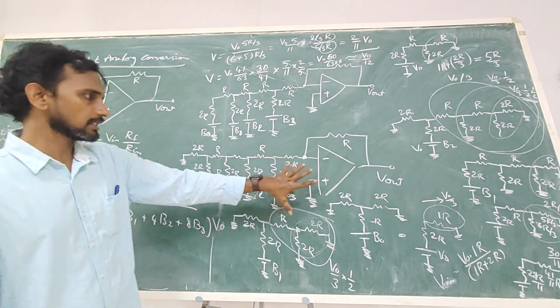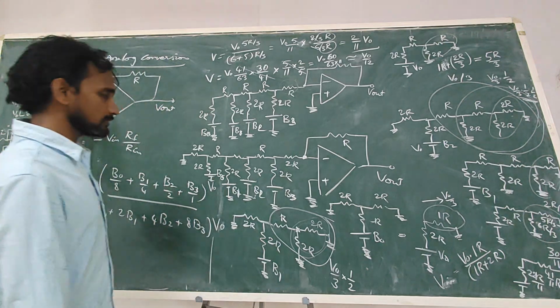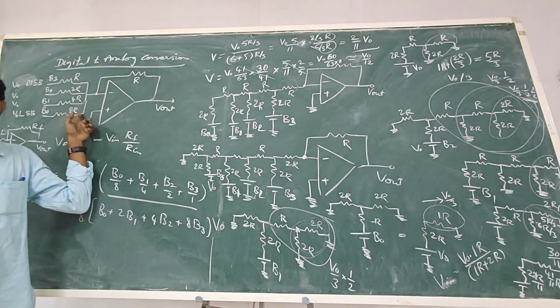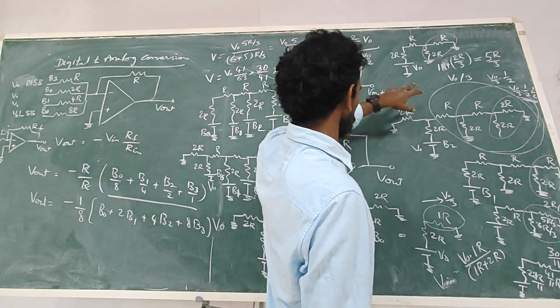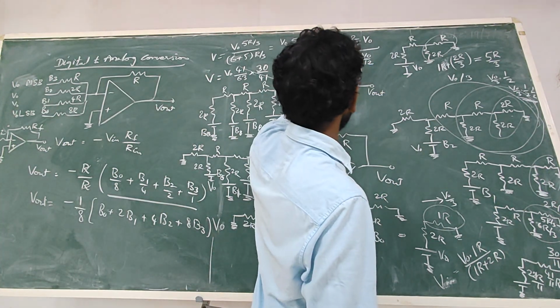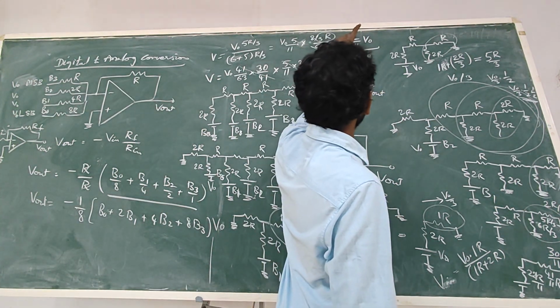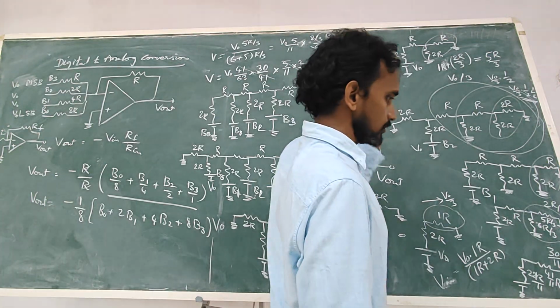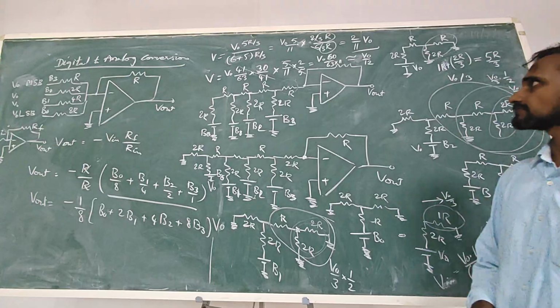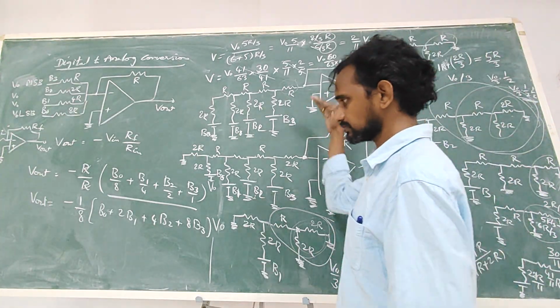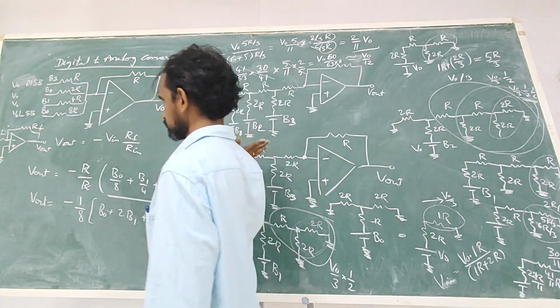So this gives you exact calculations equivalent to this circuit. And if you simplify that, you will get values similar to V0/3, V0/6, V0/12, near to that. So this is an approximation. This is the exact.